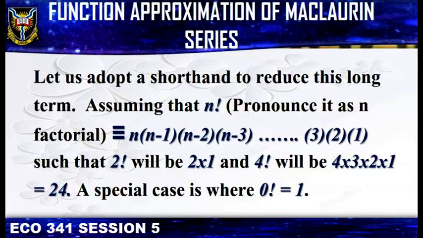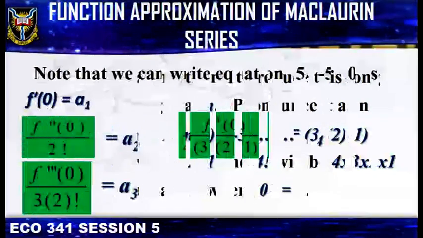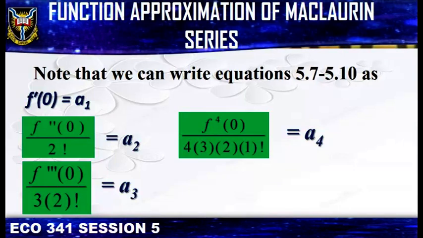A special case is where 0 factorial is equal to 1. Note that we can write equations 5.7 to 5.10 as written below.